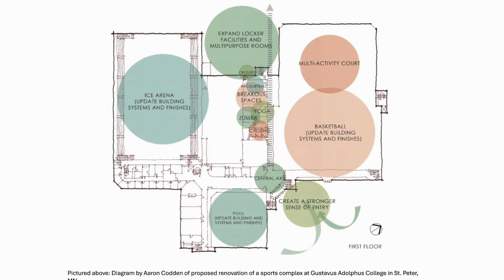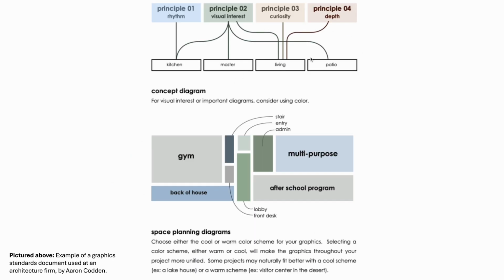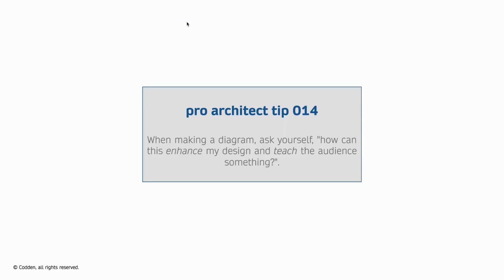Or they can be isolated to one building and showcase an existing floor plan down below, which I drew, and then showcasing different areas where we can put new spaces. This is also an example from practice, very, very conceptual, showcasing a floor plan down below, and then even, this is not even a floor plan, just a conceptual diagram of where spaces go in a building and how they match to a design principle that was set forth.